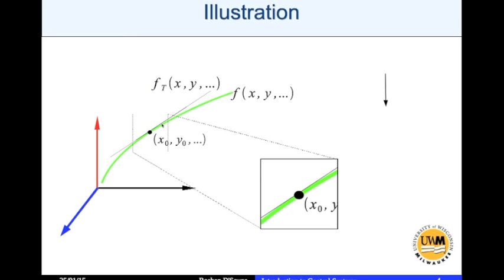Now if you look at the tangent plane within a small vicinity of this point x naught, y naught, here the tangent plane, which is the solid black line, is almost equal to the nonlinear function, which is the green line. So linearization is basically using the linear model instead of the nonlinear model within this small operating region.